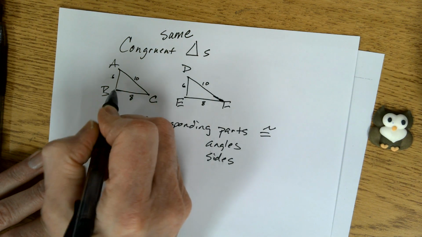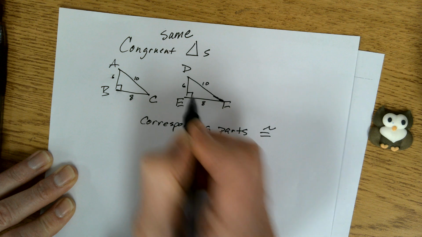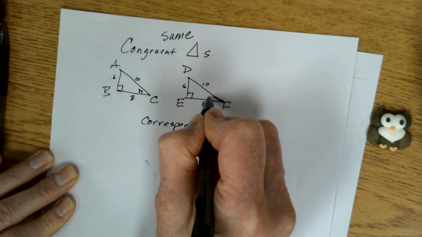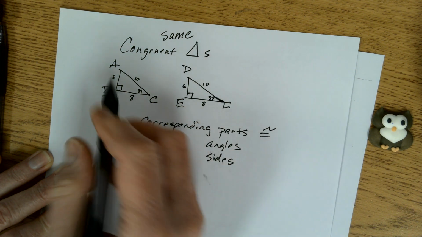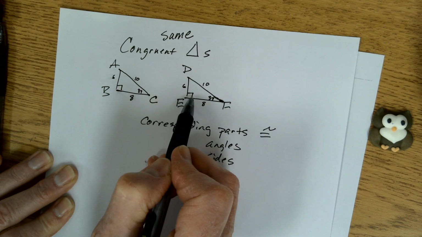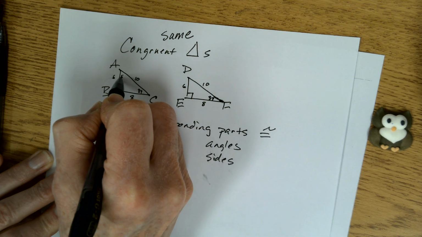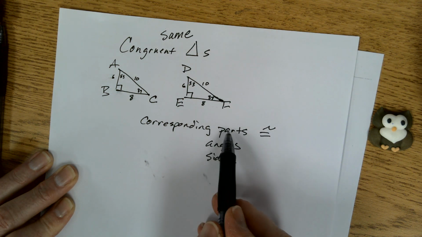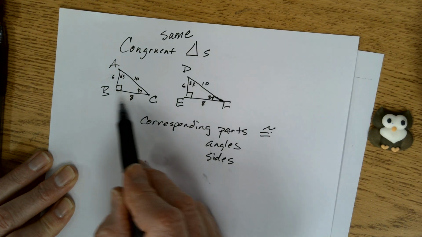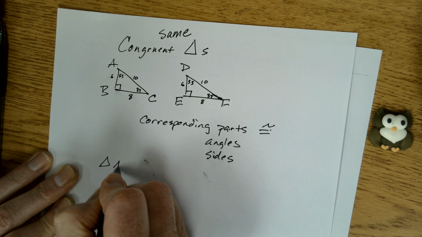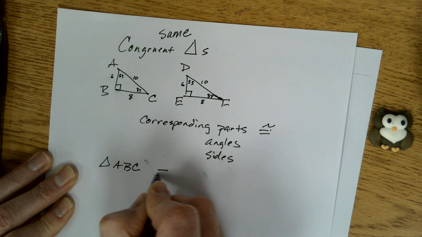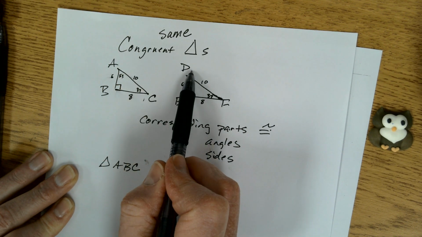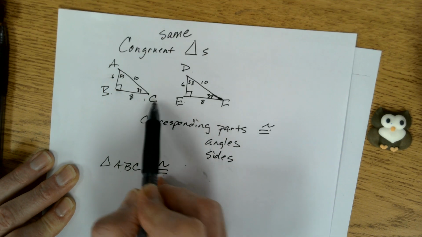It also means that the angles have to be exactly the same measurements. So if this angle is 37 degrees, this angle is 37. If this angle is 90, this one's 90. If this one's 53, right, that one's 53. All the corresponding parts are congruent. And we would write this, we would say triangle ABC is congruent to triangle DEF. When we match it up, the A has to match up with the D. B has to match up with the E. You guys get where I'm going?